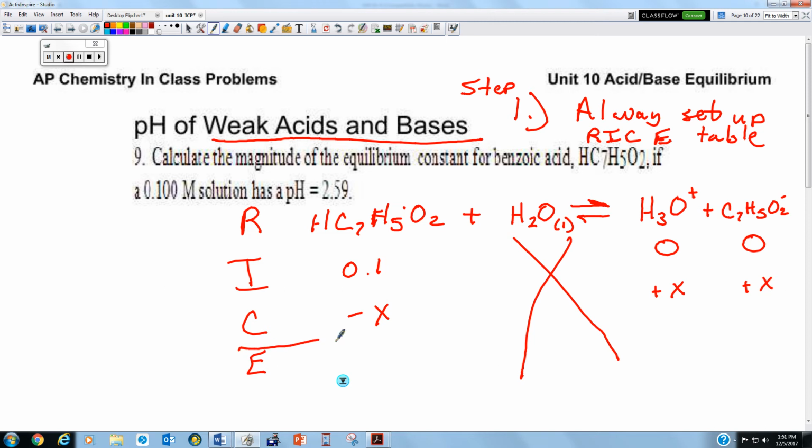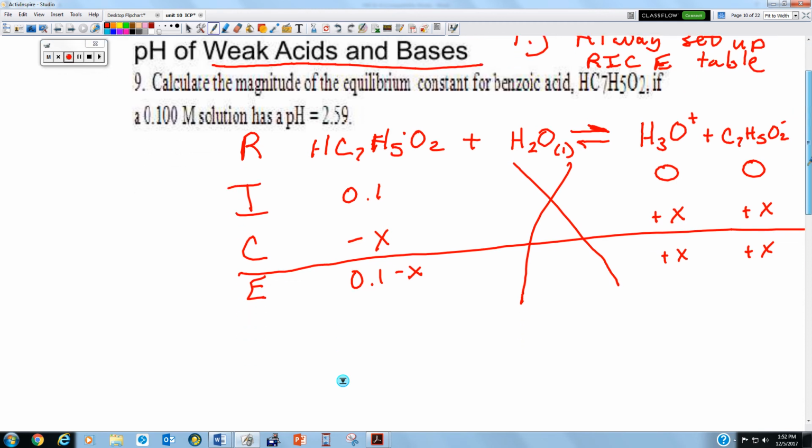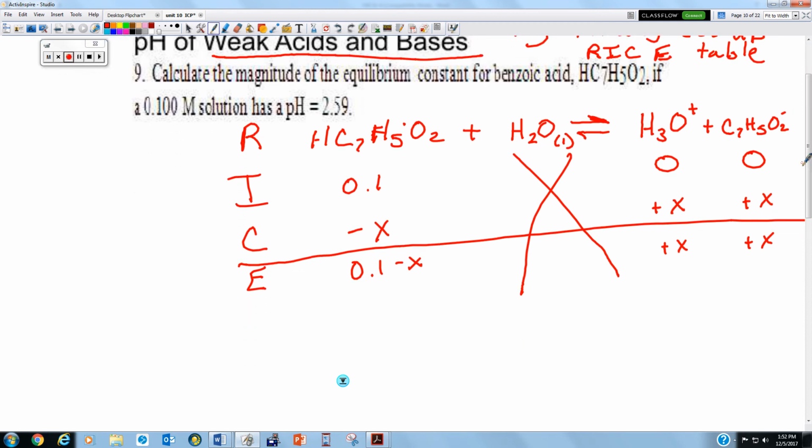All right. Now, right here, we have 0.1 minus X, we have plus X, and we have plus X. So now, what other information did they give us in the problem? What can we determine from pH?